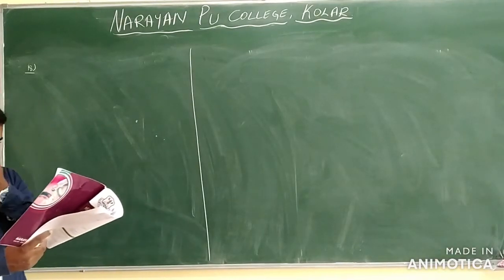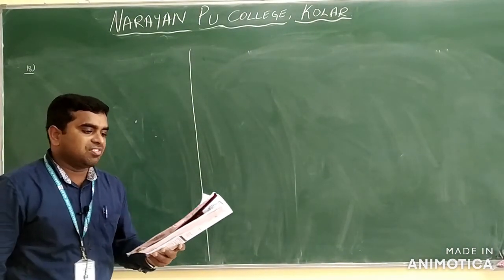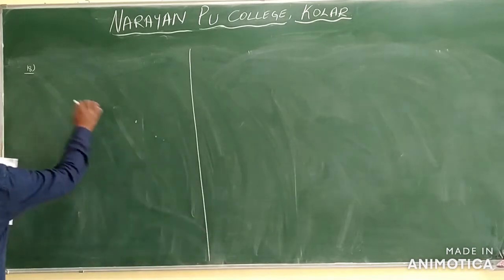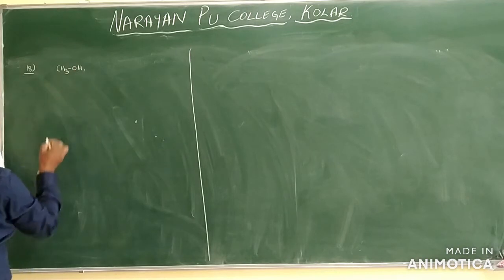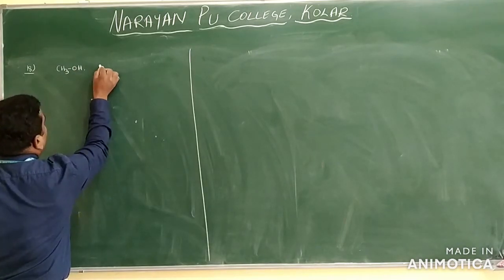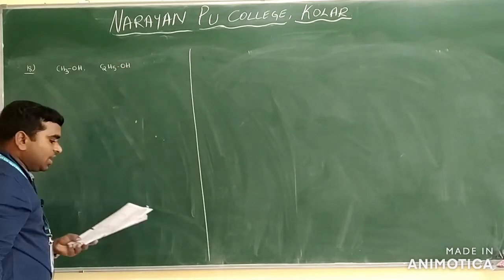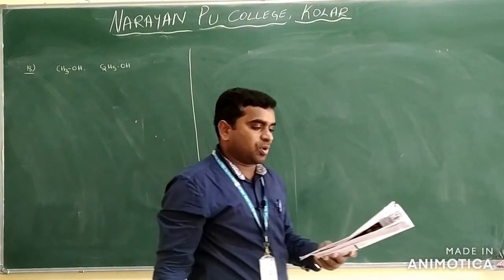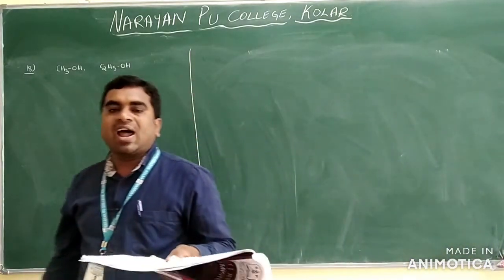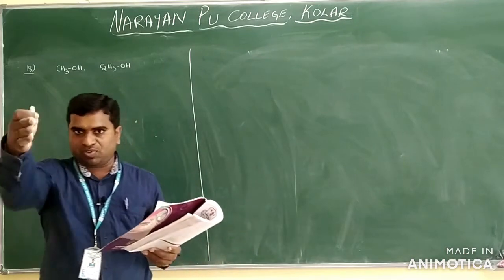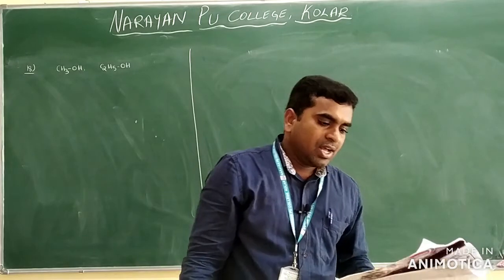Question number 18. Methanol and ethanol are distinguished by which method? Methanol is CH3OH, and the second one is ethanol, C2H5OH. First option, treated with Schiff's reagent. Schiff's reagent we use for aldehydes and ketones, not for alcohols. That we will discuss in the next chapter, aldehydes, ketones and carboxylic acids.